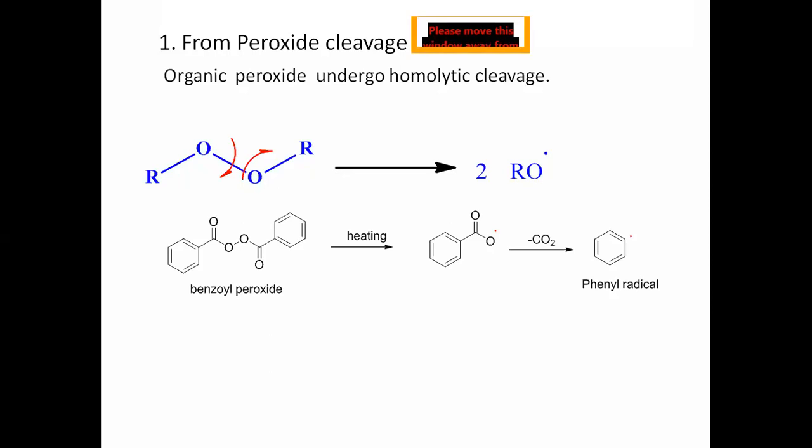How will it react? This benzoyl peroxide, first of all, on heating, undergoes homolysis. This bond undergoes homolysis, and free radical formation takes place. These are the benzoyl free radicals, or in fact, benzoate free radicals.